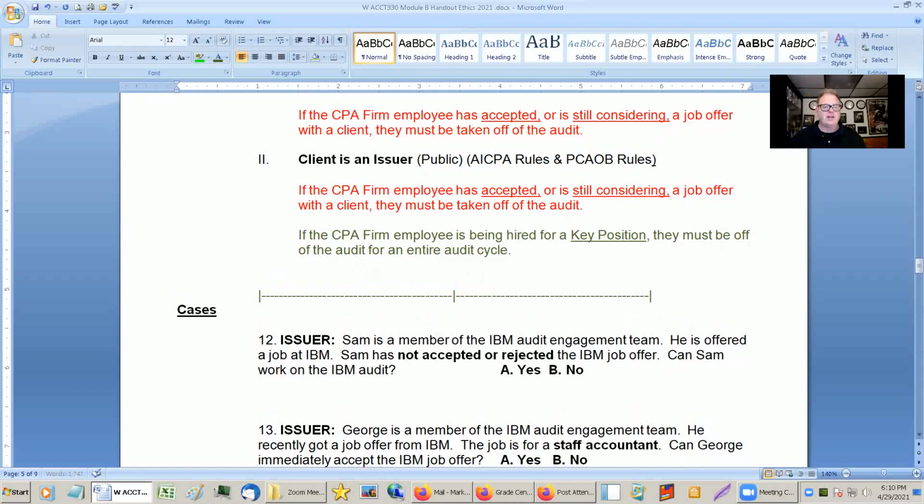Okay, so here's what this means. So let's say that this is 2020. And this is 2021. You probably knew that was coming.